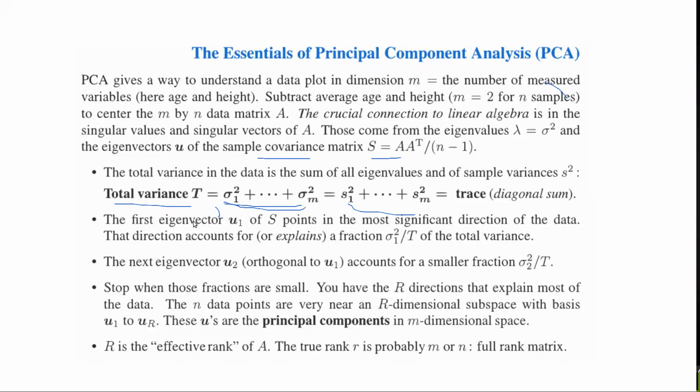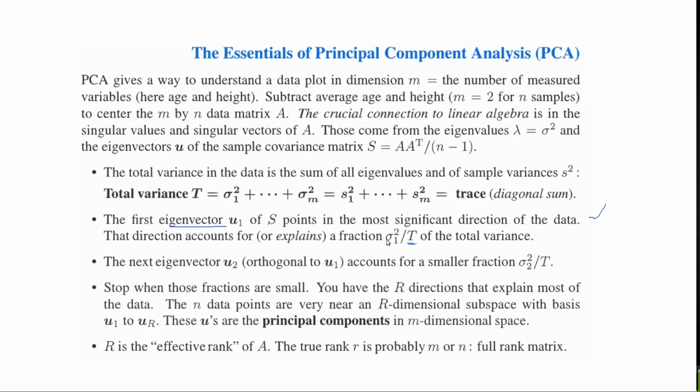So for this total variance, principal component analysis by SVD says that the first eigenvector U1 of X points in the most dominant direction of the data. This we have seen. That direction accounts for, or explains, a fraction of the total variance.